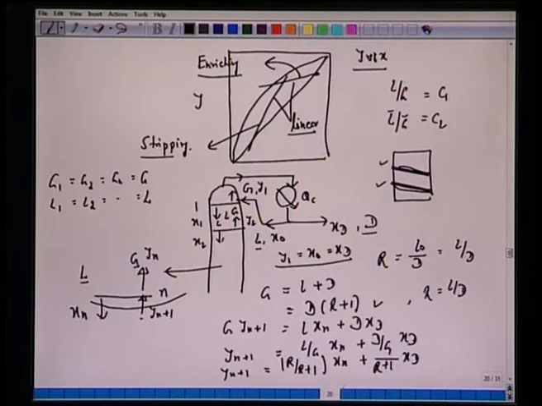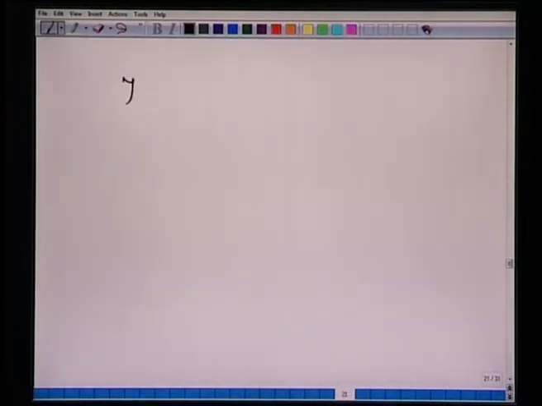Alright, so essentially we have got the operating line equation, which we can box: y_{n+1} = (r/(r+1)) x_n + x_d/(r+1).